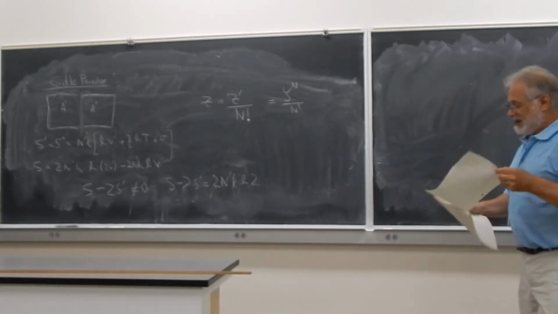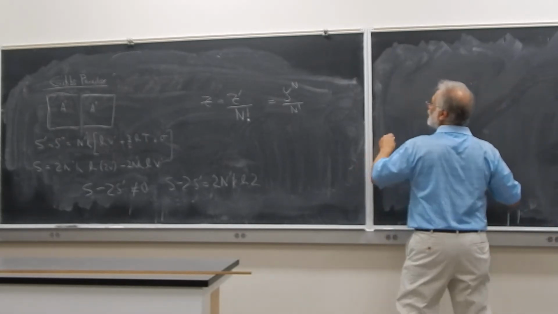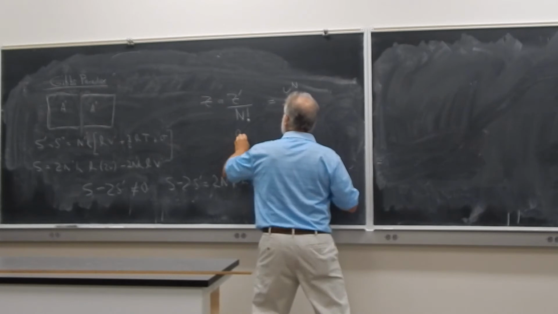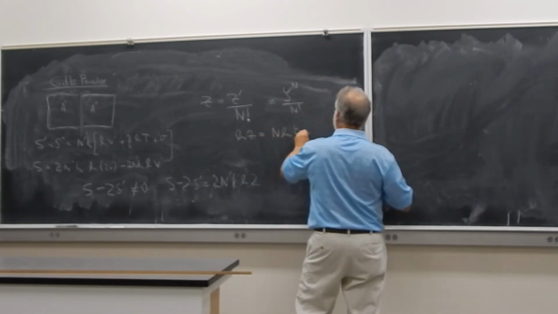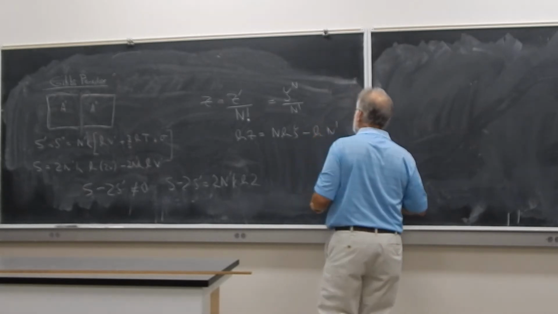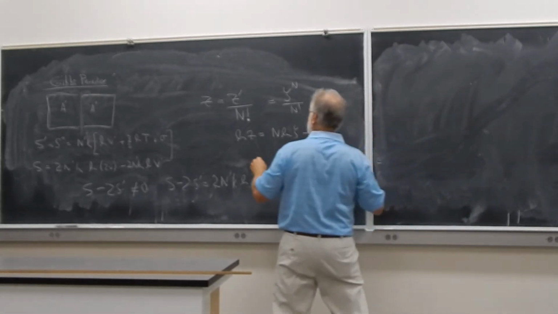And so if I play that through, I do the following. I can say log Z is equal to N log zeta minus the log of N factorial. I use Stirling's approximation to write out log of N factorial.